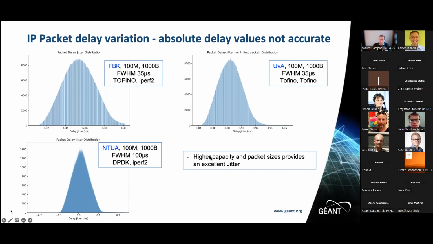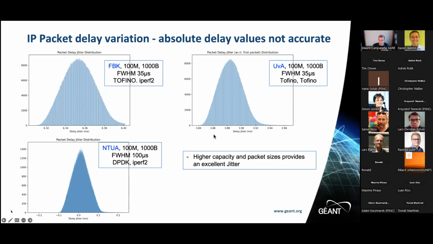So what I conclude from these slides, simple slides, I underscore the simple measurements, is that even at higher capacity and large packet size, which is the average packet you can encounter in internet, the jitter of our networks is very, very good. So we can be proud of the network we created and engineered in our countries.